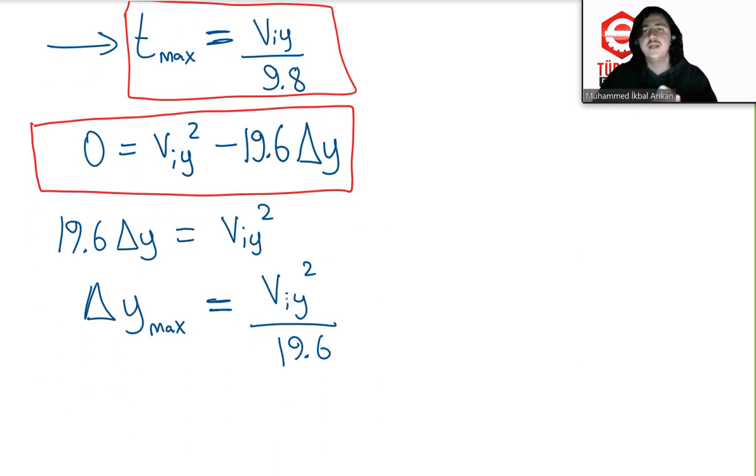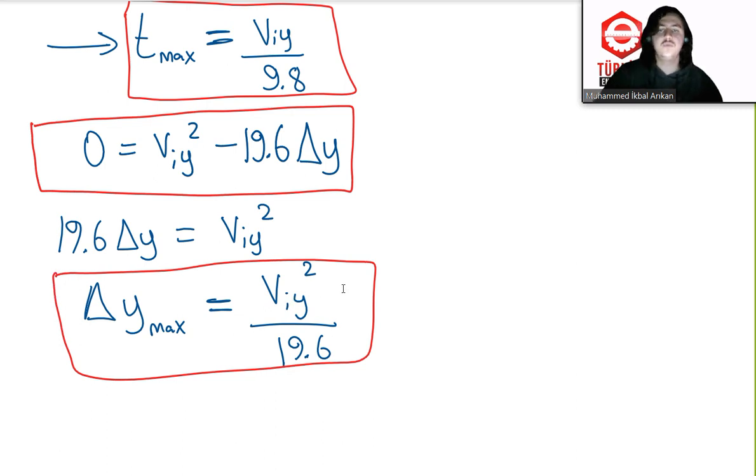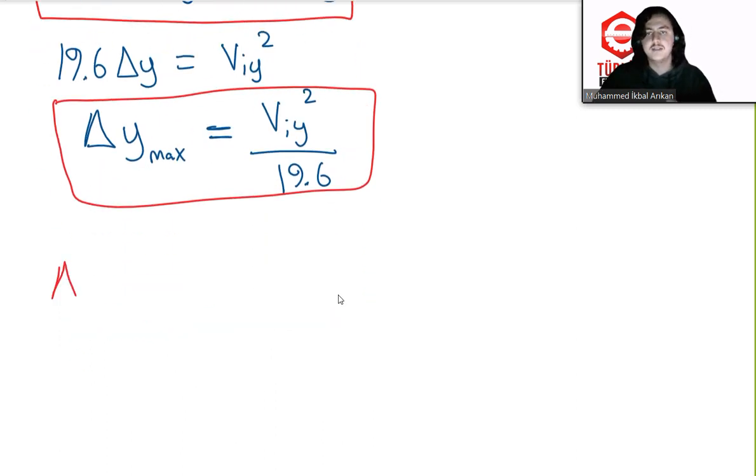Actually, you can use a different formula for delta y max. You know that delta y is equal to V initial y times time plus half of acceleration in y times time squared.